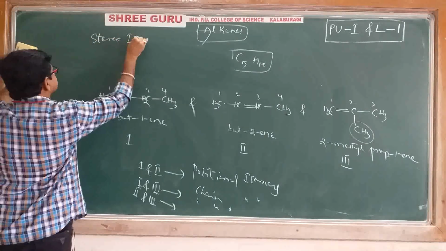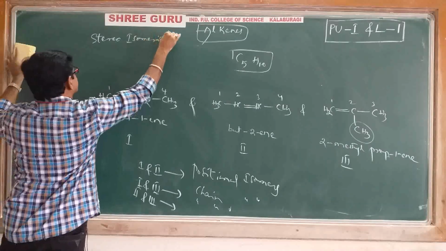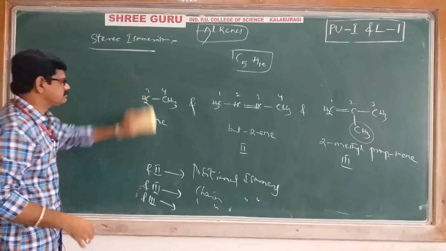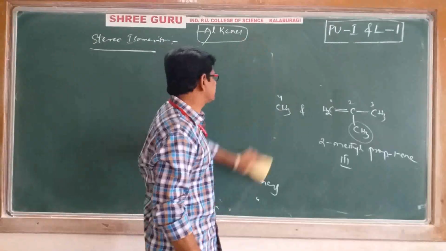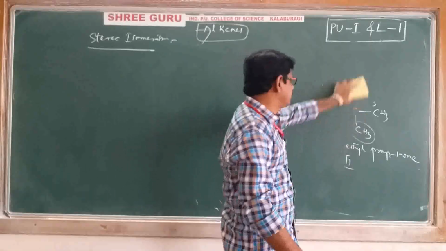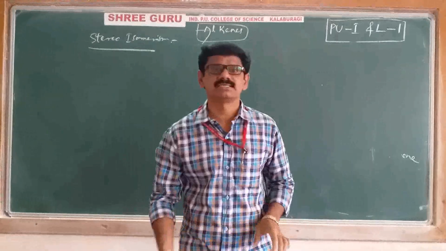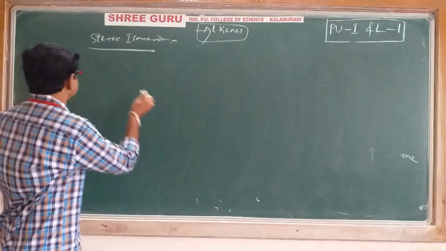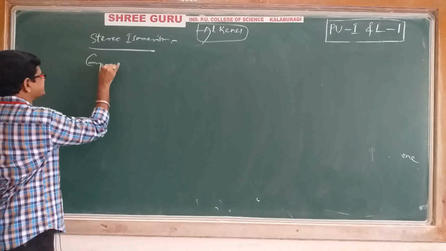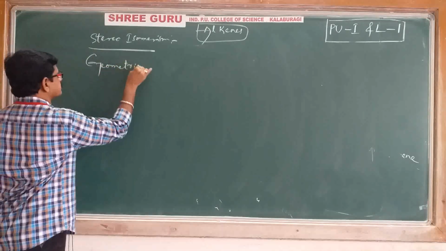Stereoisomerism. As far as alkenes are concerned, they will show one type of stereoisomerism, that is geometrical isomerism. Now we'll write another heading, that is geometrical isomerism.